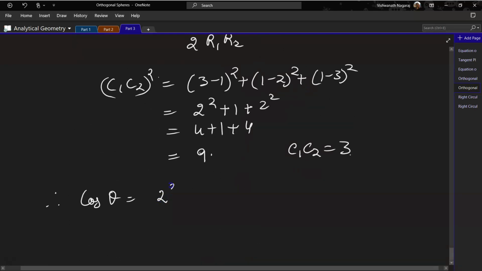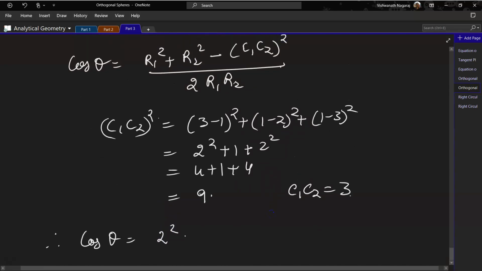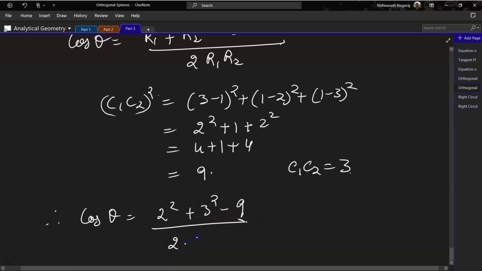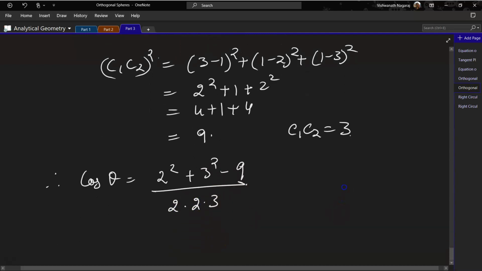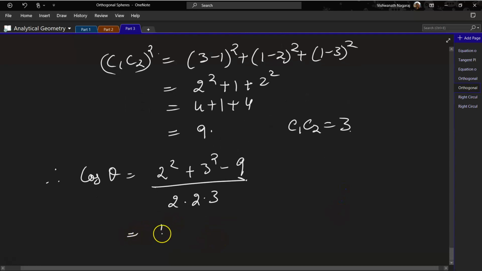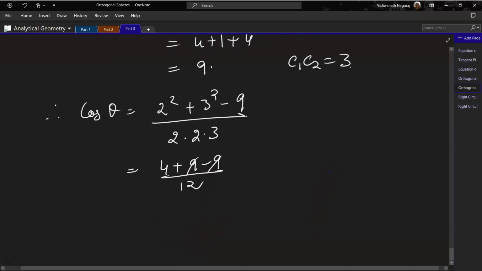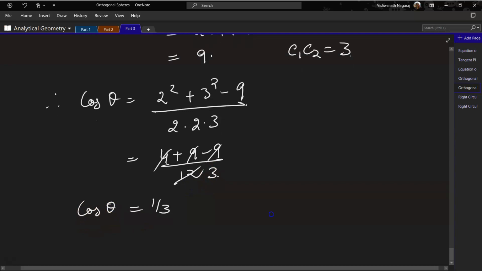So 2 square plus 3 square minus C1C2 square, which is 9, divided by 2 times 2 times 3, which is equal to 4 plus 9 minus 9 by 12. So 9 cancels. 4 by 12 is 1 by 3. So cos theta is equal to 1 by 3.